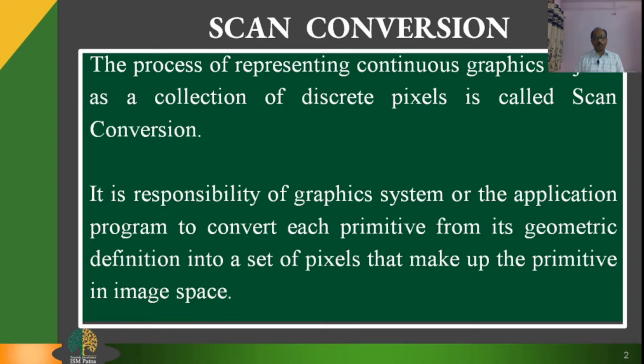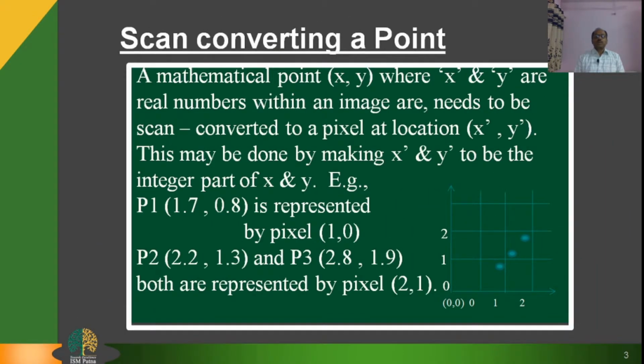Therefore, those coordinates are adjusted according to the system's assumption, that is, they will be considered as 3 and 5 to plot the pixel in scan conversion. So, we do scan conversion of point, line and other primitives.